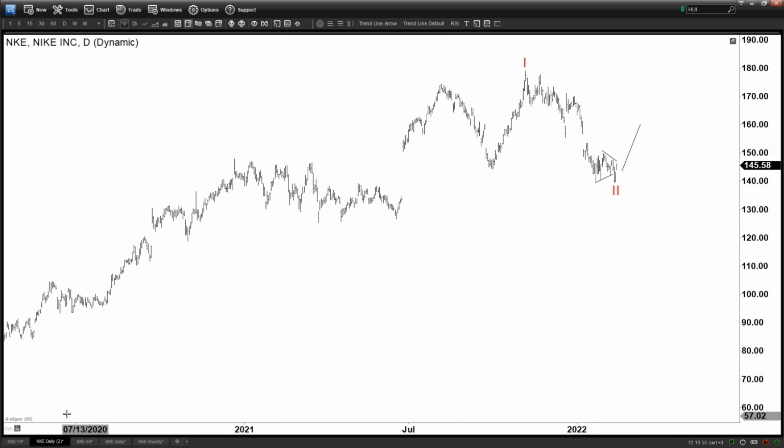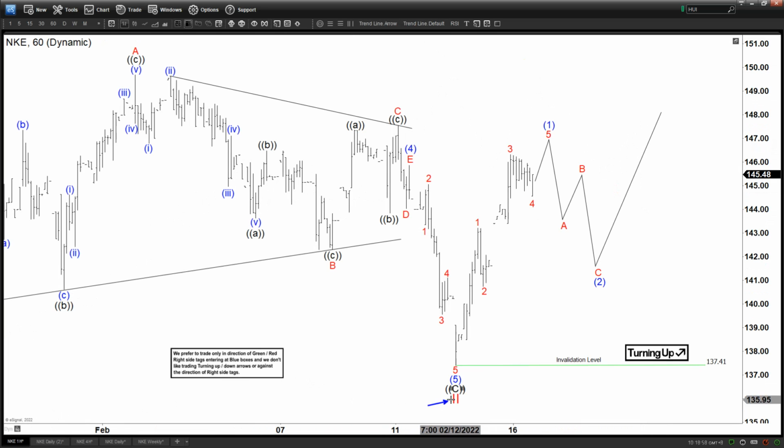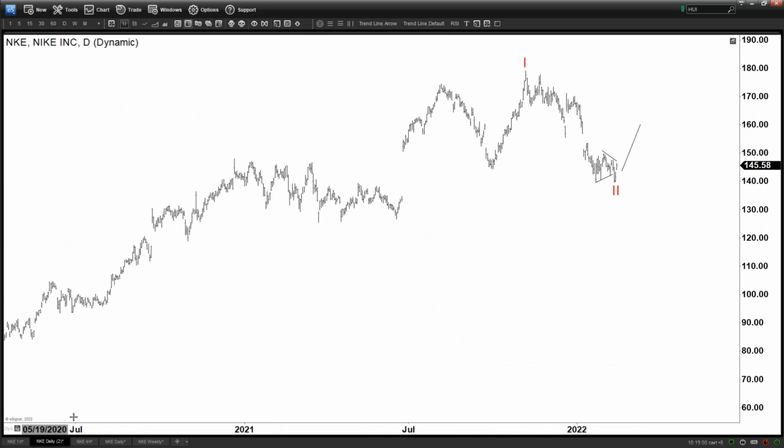Now, the fact that we are calling this wave 2 completed here, what we are saying is that at the least, this cycle is finished. If this cycle is finished, at minimum, the expectation is you should be looking to correct this cycle in 3 waves.